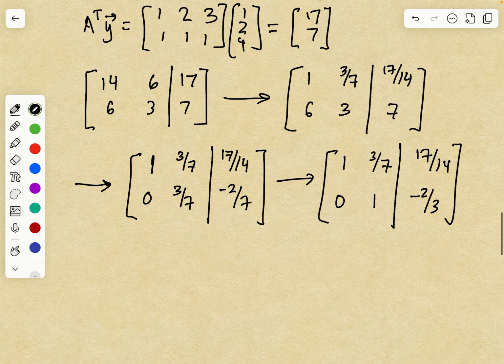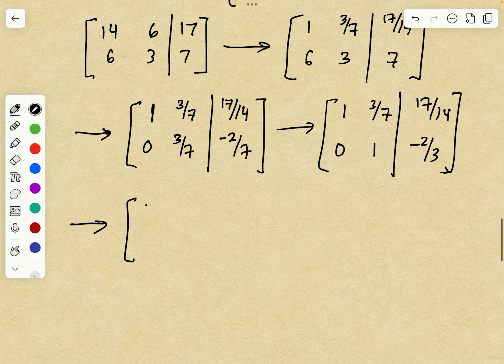And then the last step is to replace row 1 by row 1 minus 3/7 row 2. What do you get when you do that? So 17/14 plus 2/7 is 21/14. That's 3/2.